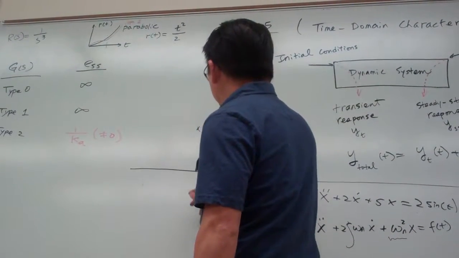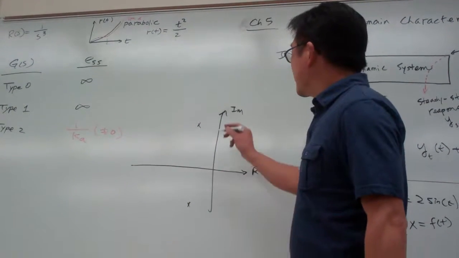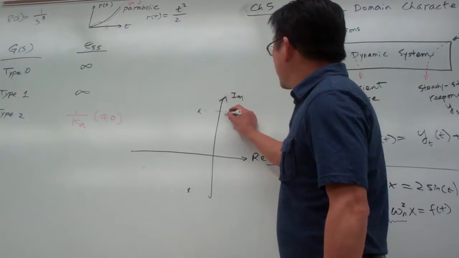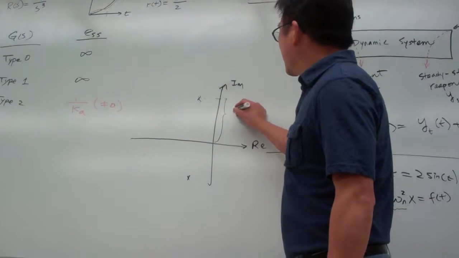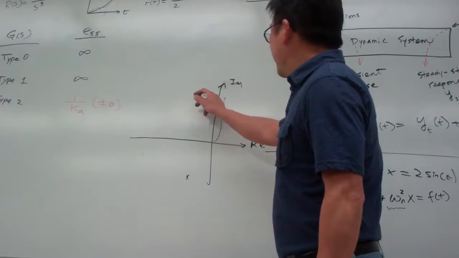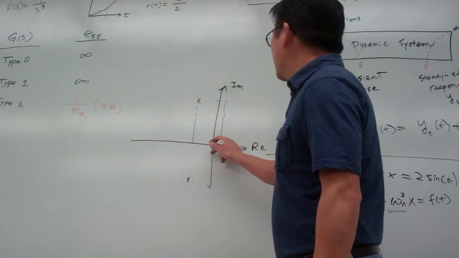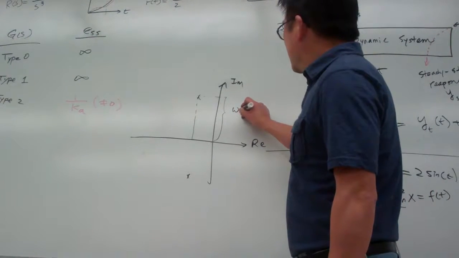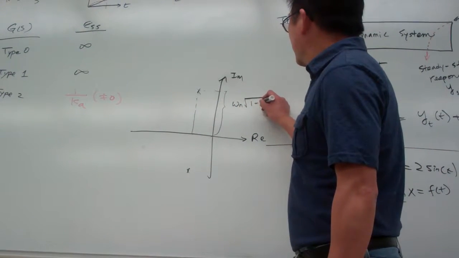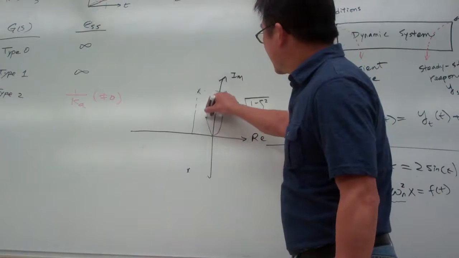Say this is the location of the pole, the imaginary part is here and the real part is here.